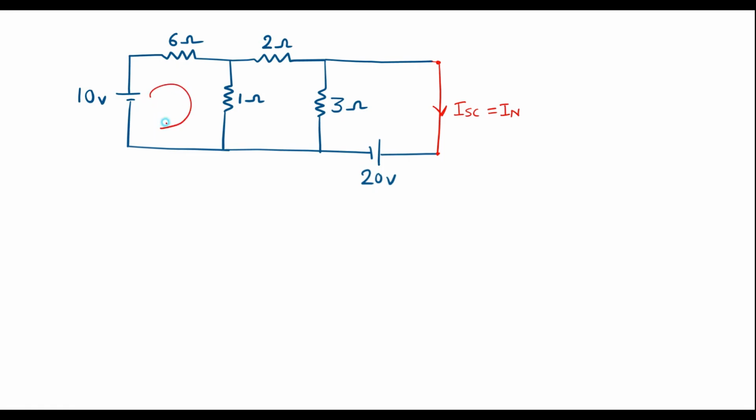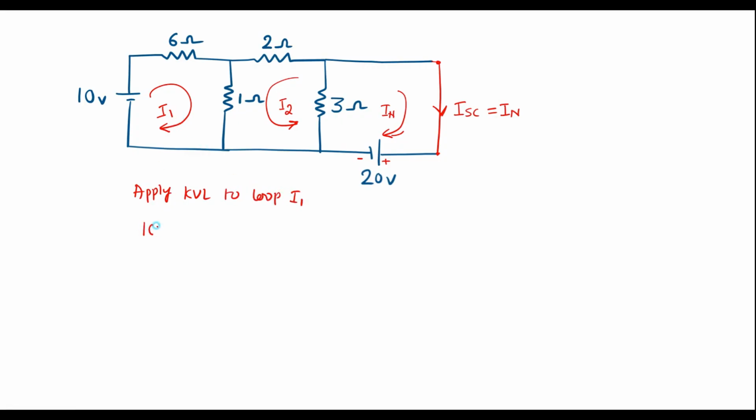Let current through this loop be I1. Let current through this loop be I2, and let current through this loop be, I'll take same, that is IN. So this is positive, this is negative. Now let me apply KVL to the first loop, loop I1.